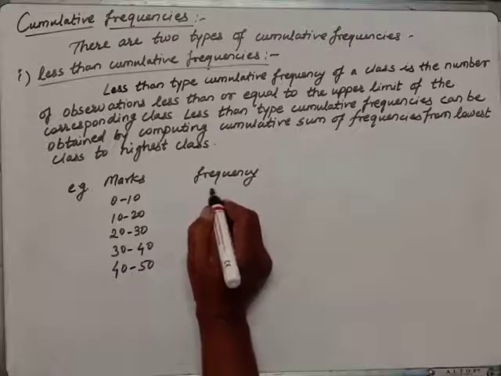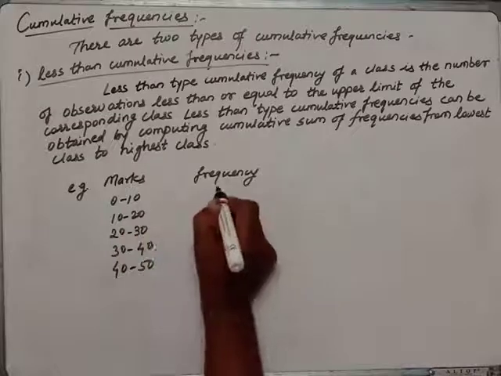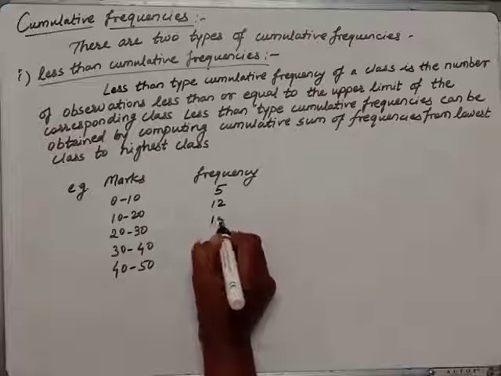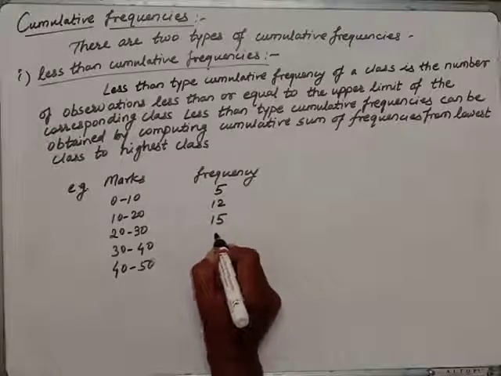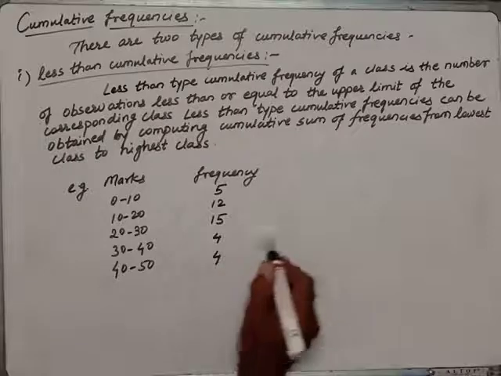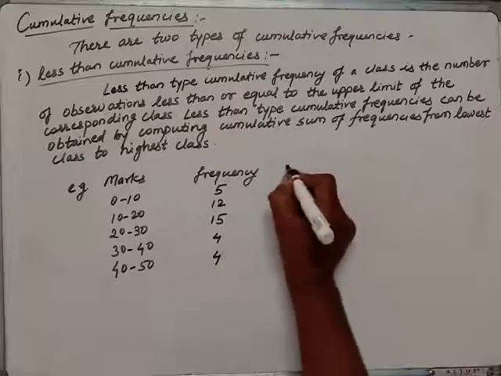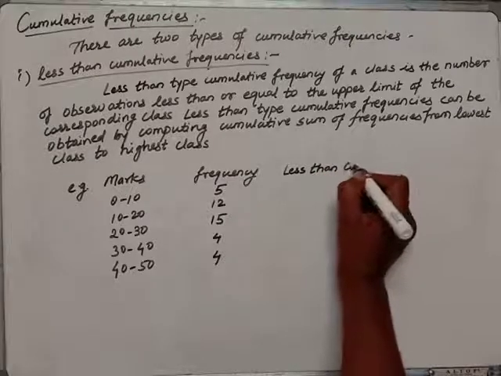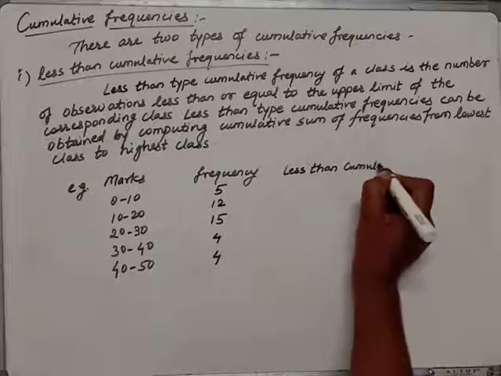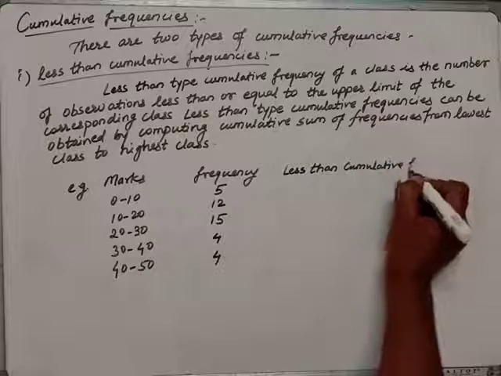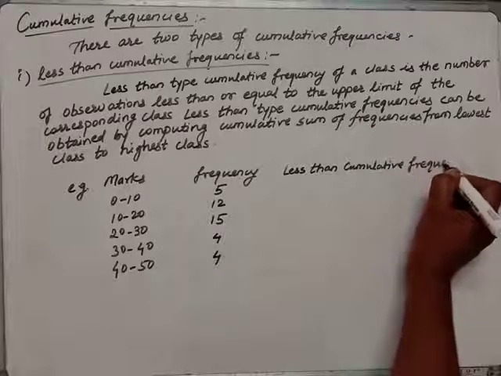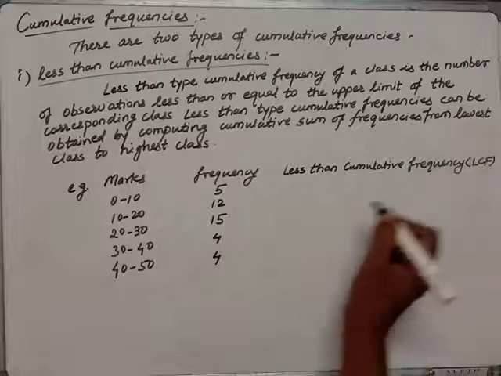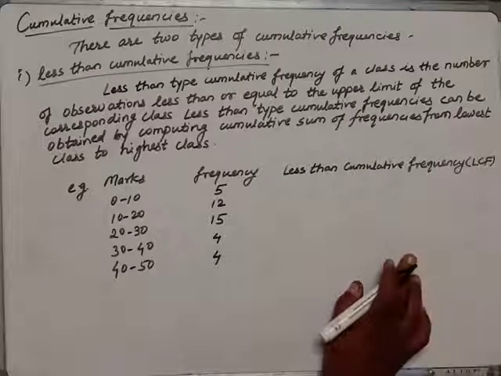And the frequency means number of students: between 0 to 10 suppose 5, 10 to 20 suppose 12, 20 to 30 suppose 15, 30 to 40 suppose 4, and here also suppose 4. Now suppose we have to determine the less than cumulative frequency, or simply we will write it as LCF.